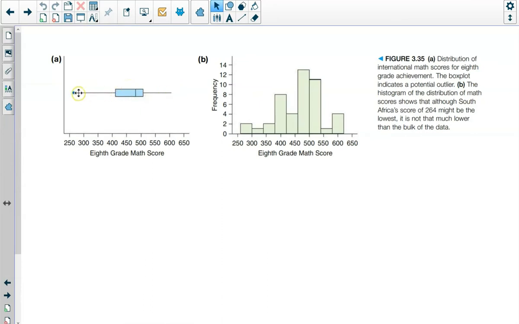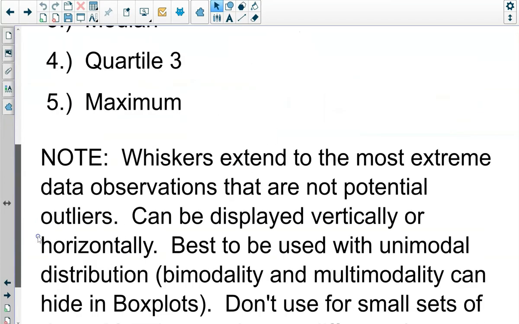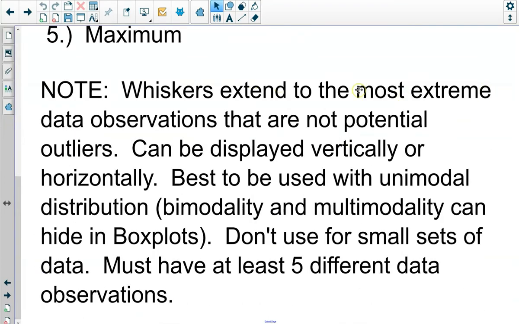That's where this whisker ends. I'm going to show you what I mean by that in a second with an actual example. That's what I mean when I talked about it in here: whiskers extend to the most extreme data observations that are not potential outliers. When I give you that formula for potential outliers, it's going to give you a cutoff mark, and your whiskers will go all the way up to a value that is close to that cutoff mark, or at that cutoff mark if it's in our data. All right. Again, I'll explain that in a second.